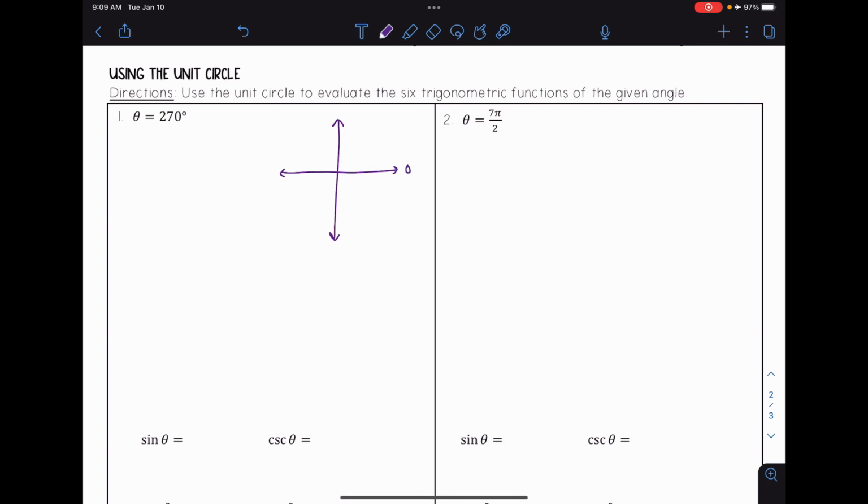This is 0, 90, 180, and 270 is right there. And so I have a unit circle here. My theta is going like this. And so the point where that angle intersects is going to be right here, which is at (0, negative 1).